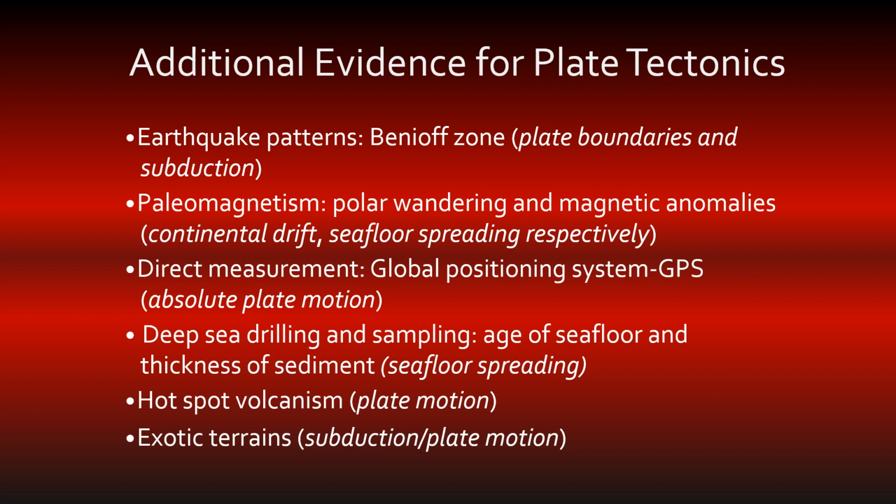We also have paleomagnetism. So this is a really interesting thing. We're going to have a lab about it. But the idea here is just the same way as a needle on a compass floats and points towards north, there are metallic minerals that cool in a divergent boundary where there's magma.